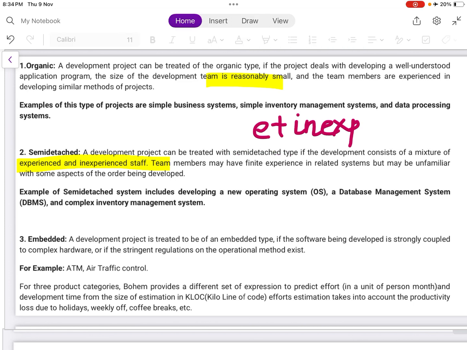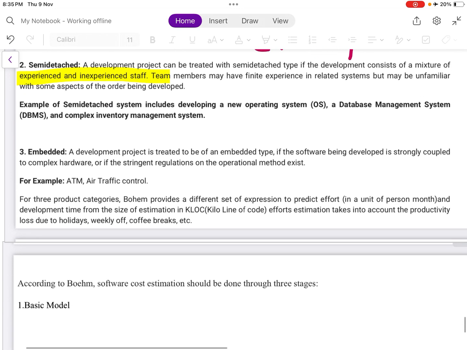Members may have limited experience in related systems but may be unfamiliar with some aspects of the system being developed. So some parts they will be experienced in, some parts they will not be. Examples of a semi-detached system include developing a new operating system, a database management system and complex inventory management systems.